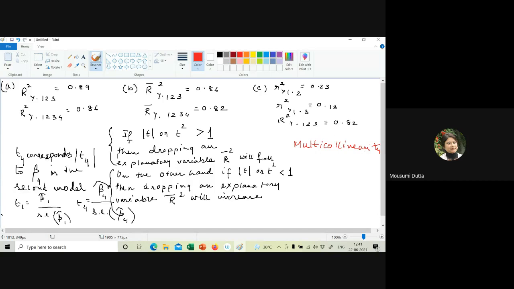So what I am telling is, all partial correlations are very small. Suppose the regression model is written, and I am writing down all possible partial correlations and the multiple correlation.